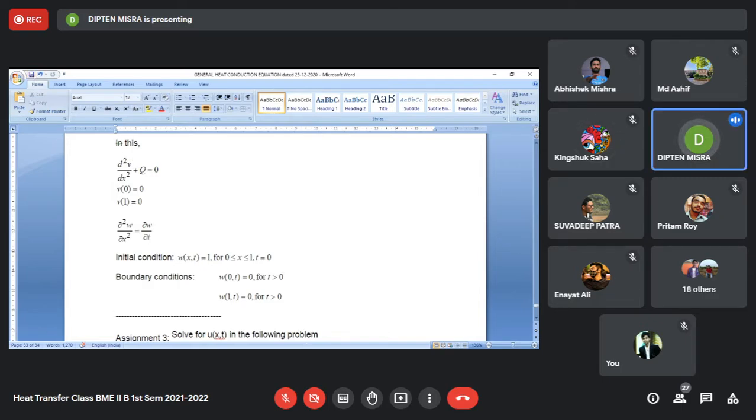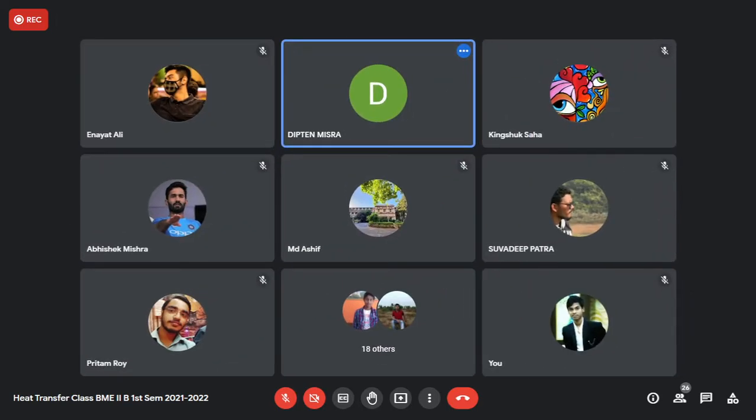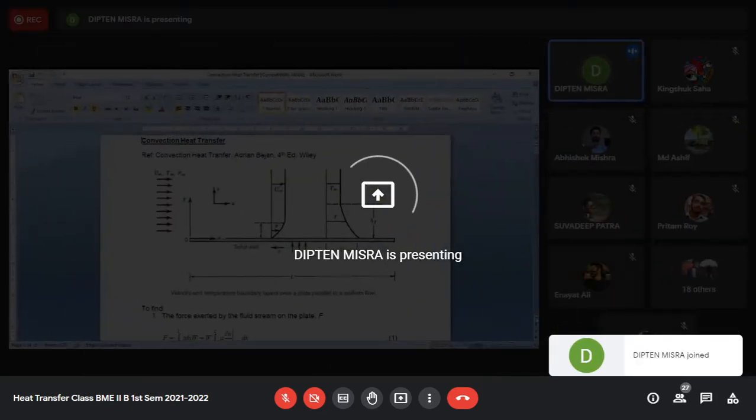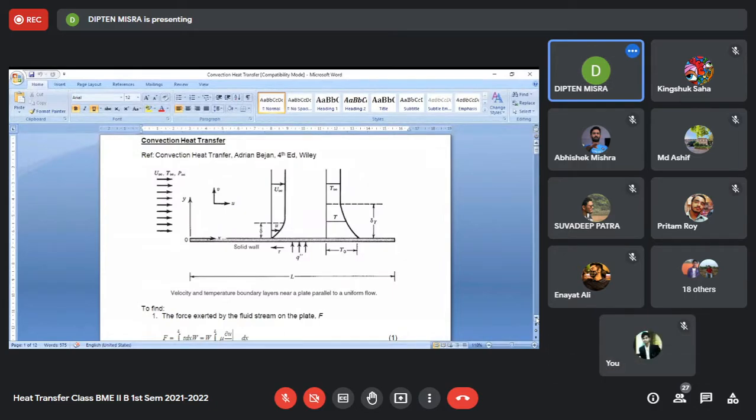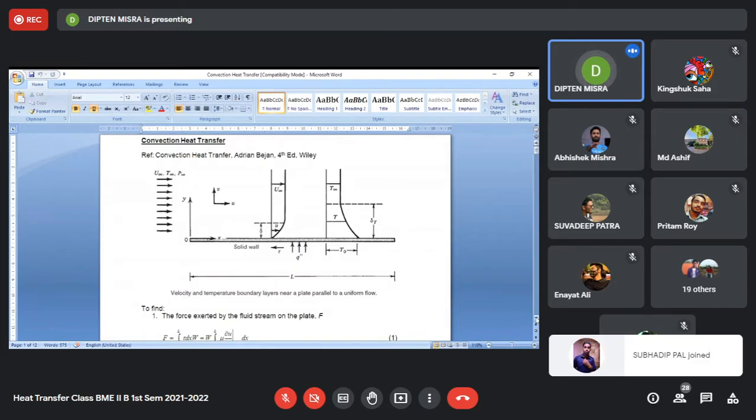Now we go to discussion of the convective heat transfer problem. This is a typical problem that we are dealing with most of the time that we come across a convection problem.